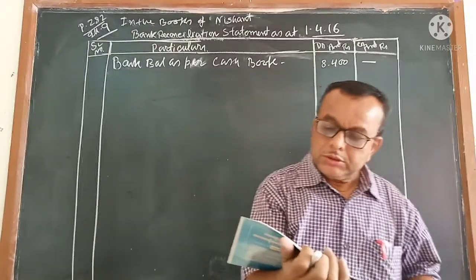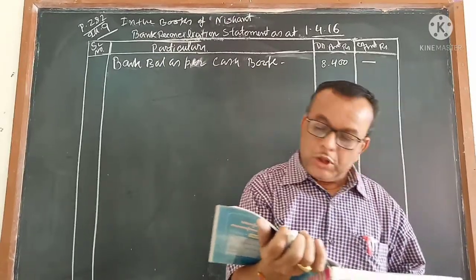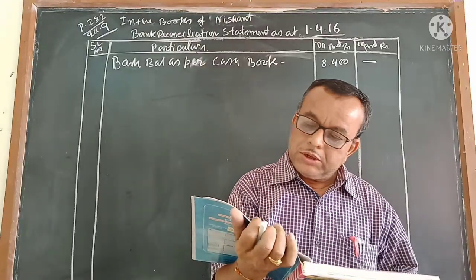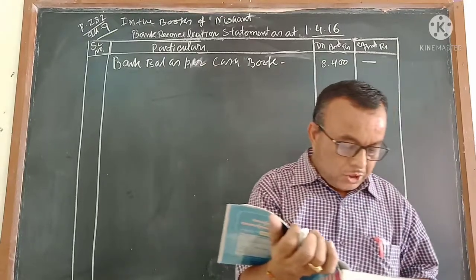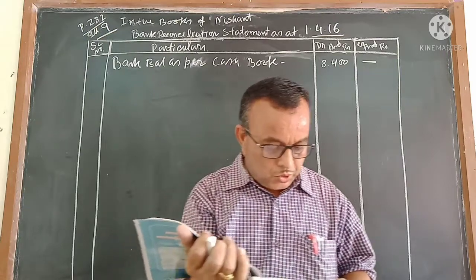See, 4,000 is already given in both the books. Next is coming 12,000, which is Tej's account of 10. Tej's account is credited. All of the 12,000 amount is debited in the cash book and credited in the passbook also.